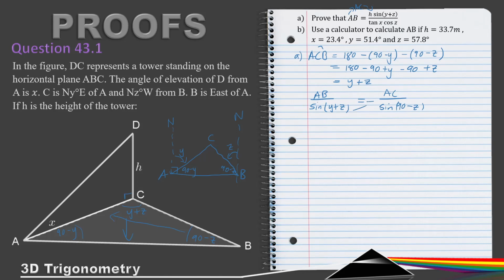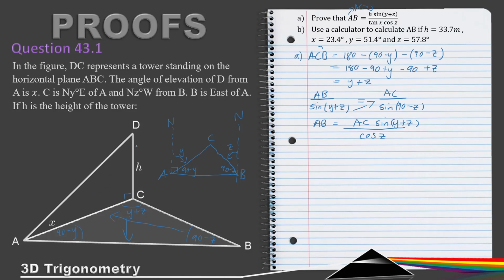And also in the same step I'm going to use a reduction formula to simplify the sine of 90 minus z. So AB is equal to AC multiplied by sine of y plus z, and that's over cos of z. All right, that done. That was the hard part, actually, the hard triangle.